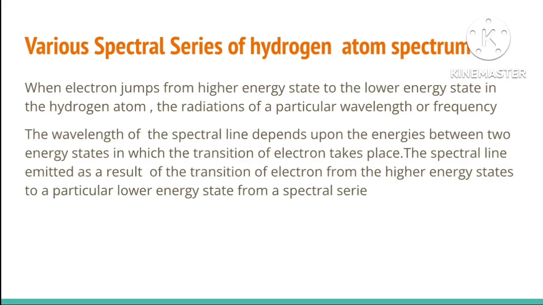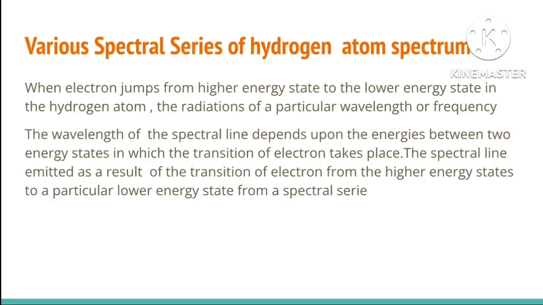The spectral lines emitted as a result of the transition of an electron from higher energy states to a particular lower energy state form a spectral series. There are a large number of spectral series for the hydrogen atom spectrum that we are going to learn one by one.